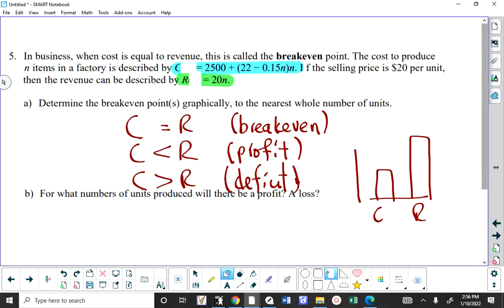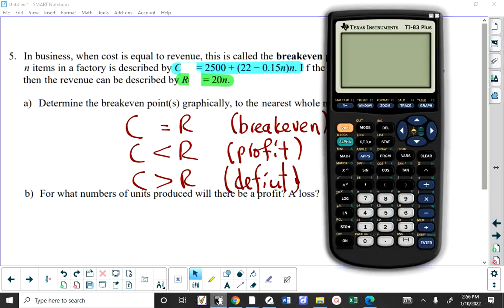You're going to put into your calculator y equals 20x and y equals 2500 plus 22 minus 0.15 times x times x. Watch those brackets. Double check to make sure you enter everything correctly.